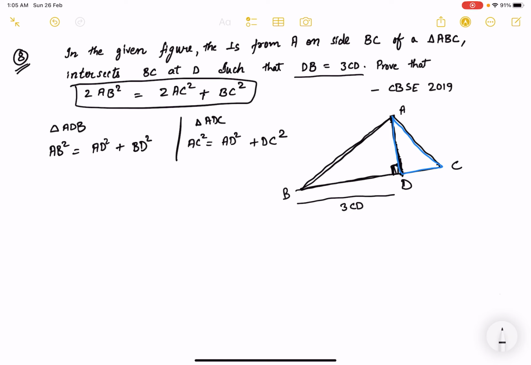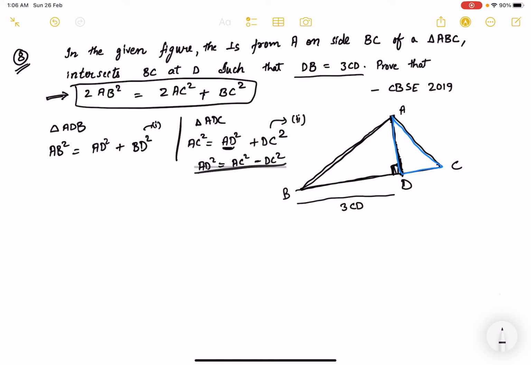In our final expression, we don't have AD. So let's substitute AD. Let these be equation 1 and equation 2. From 2, we get AD square is equal to AC square minus DC square.